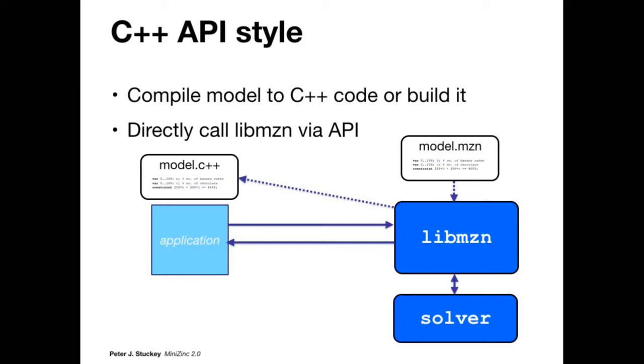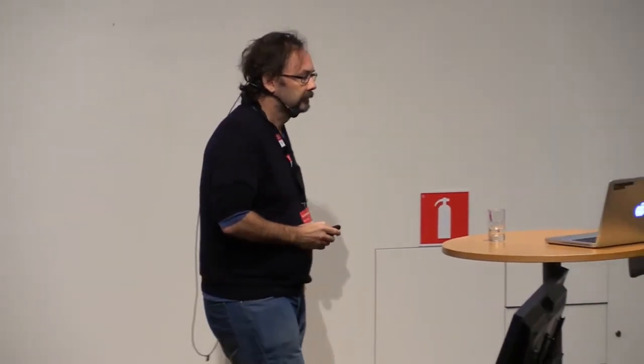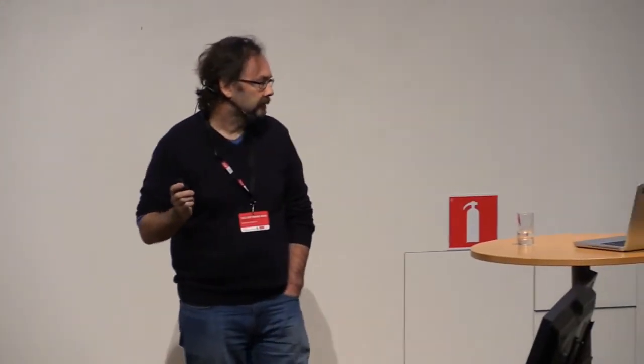You can actually compile that to C++ or Python or Java, basically a piece of code that you can link into your application, and then all your things can be done by direct API calls. You can also use JSON, so do data and output through JSON. It's very easy to build web applications using this style of thing.